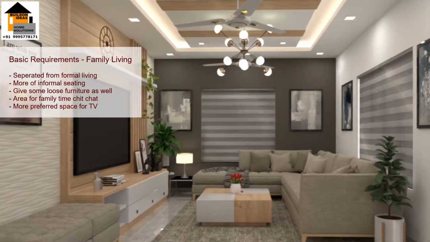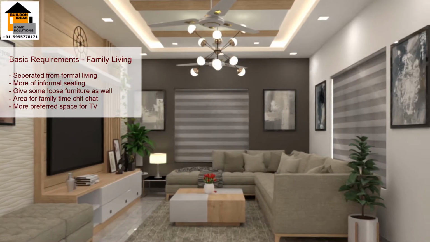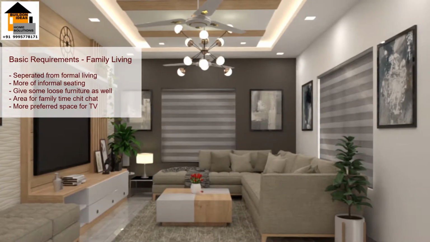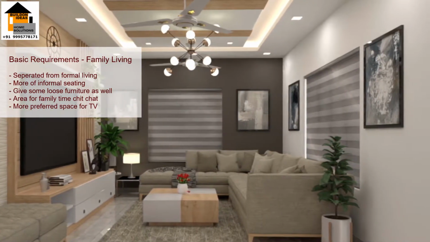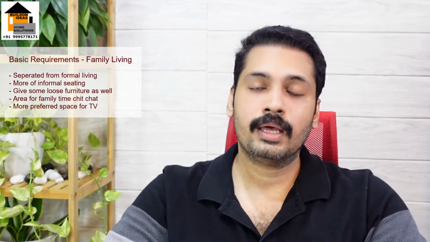The designs will be a little more informal. You have all the design elements in an informal way. Just have a TV area to have a view. The sofa seating will not be very formal, it will be informal. That kind of visual sense should be there, and make sure it is arranged in such a way that the room is as per the requirement.